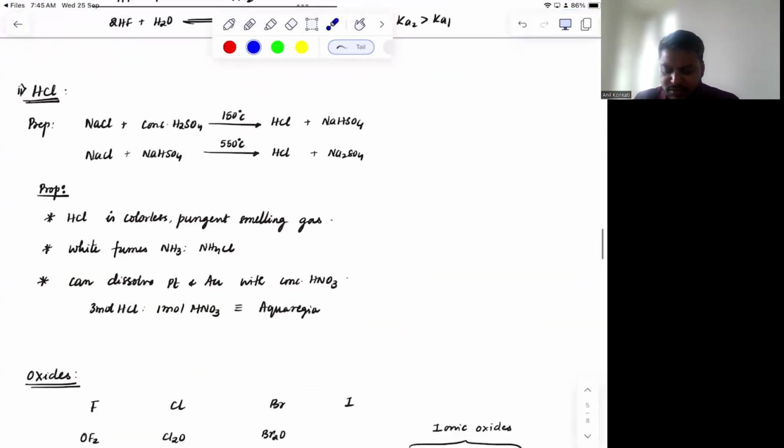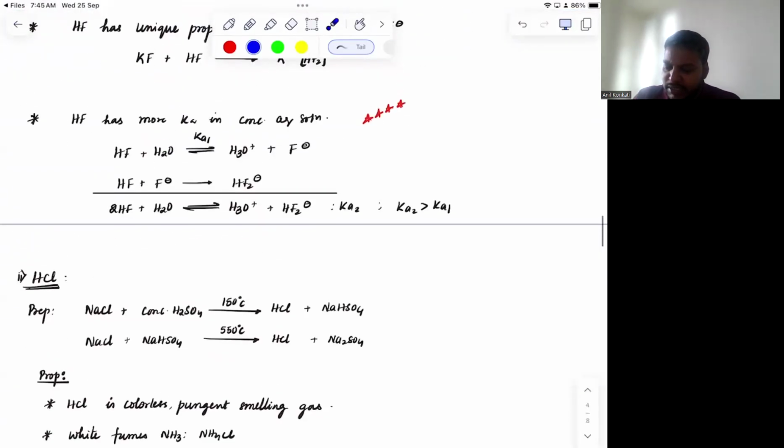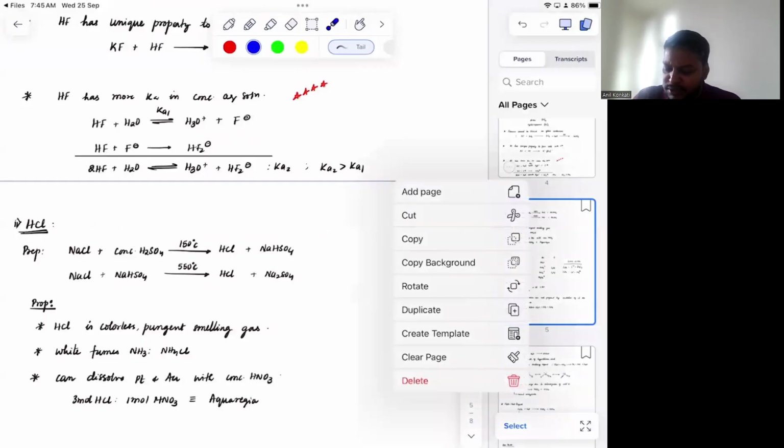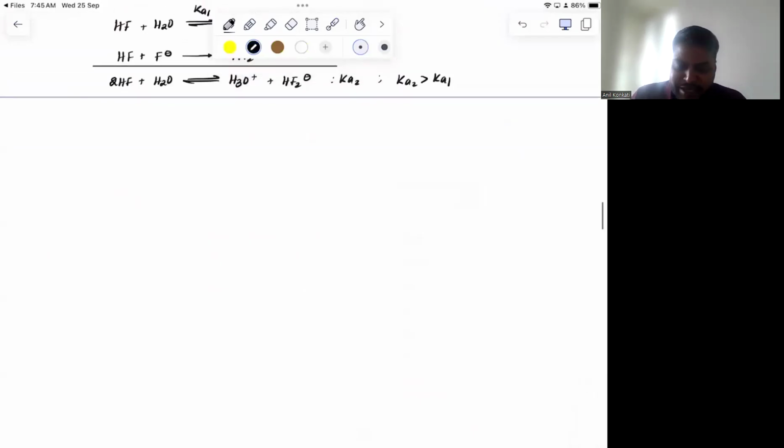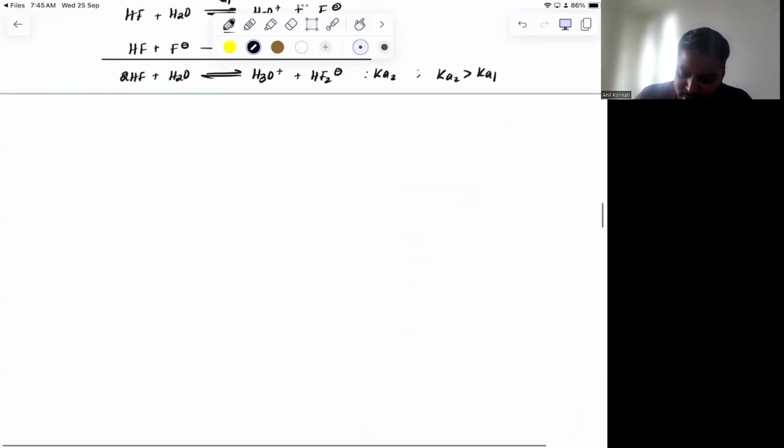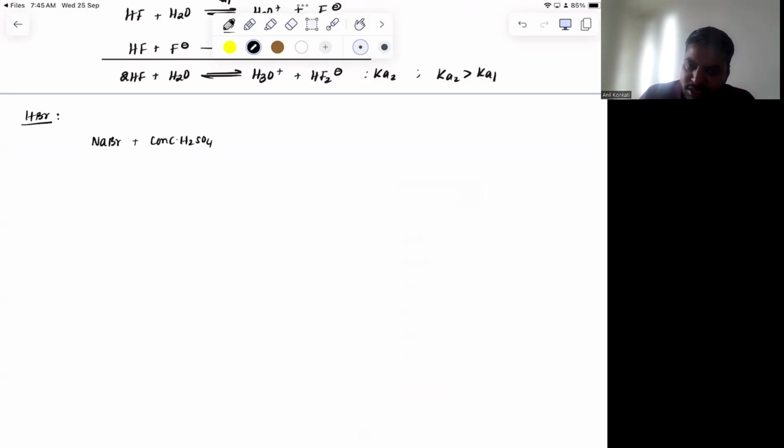In a minute, I will add the reactions of HBr and HI also. In case it is asked, it's better to learn about them as well. For HBr, when you treat NaBr with concentrated H2SO4, the problem is we get HBr in a very small amount.